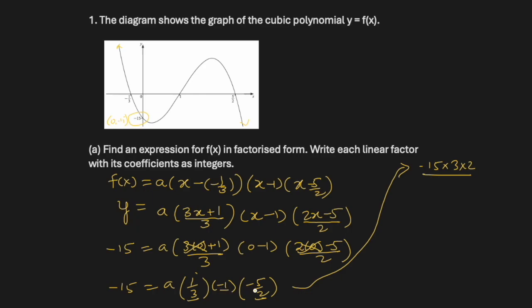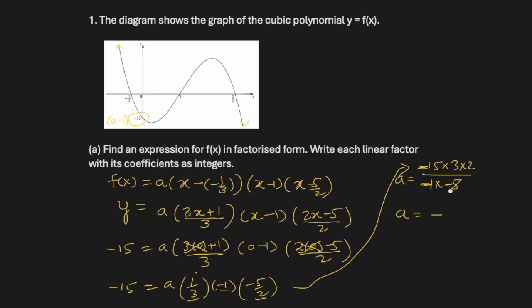I wrote minus 1 because I wanted to carry this negative also. So we have 3 negatives. Whenever we have an odd number of negatives, the simplification is negative. When you have an even number, the simplification is positive. So we have 3 negatives, it becomes negative.